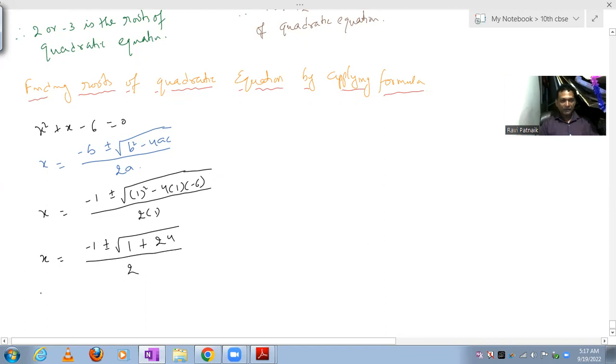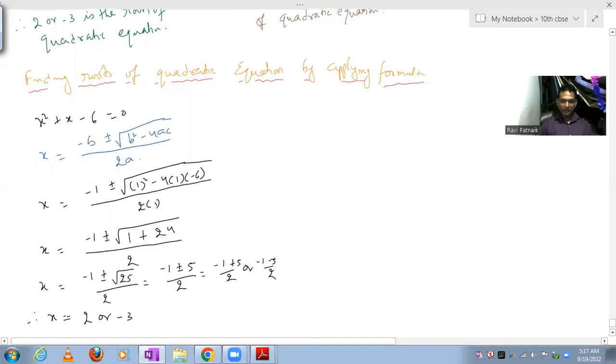Now x is equal to minus 1 plus or minus square root of 25 by 2. That is minus 1 plus or minus 5 by 2. So minus 1 plus 5 by 2 or minus 1 minus 5 by 2. Therefore, x is equal to 5 minus 1 is 4 by 2, that is 2, or minus 6 by 2, that is minus 3. So therefore, 2 or minus 3 are the roots of the quadratic equation.